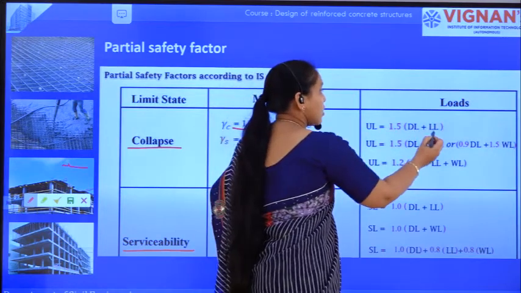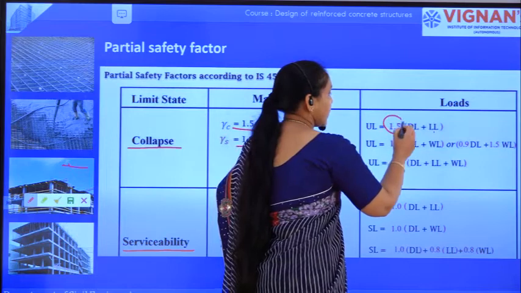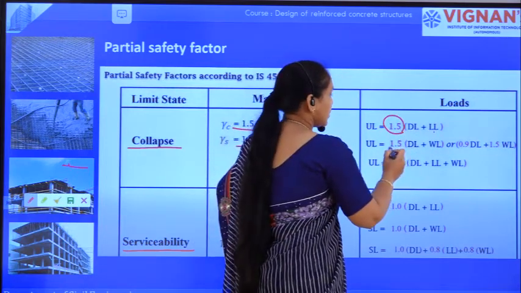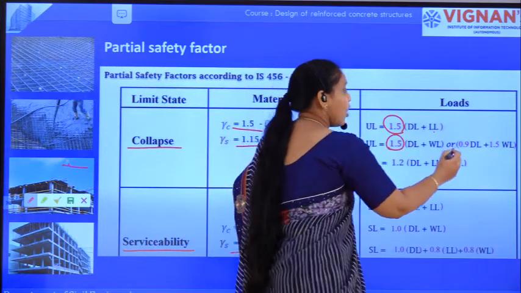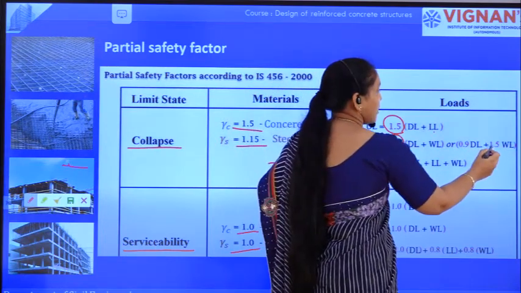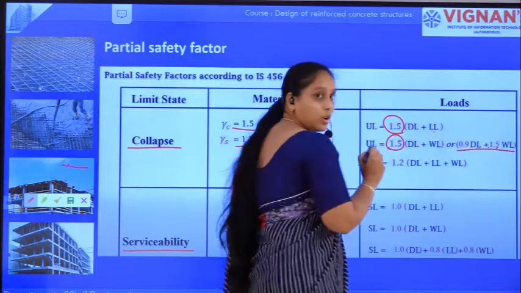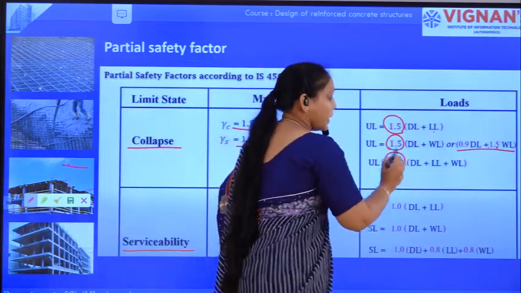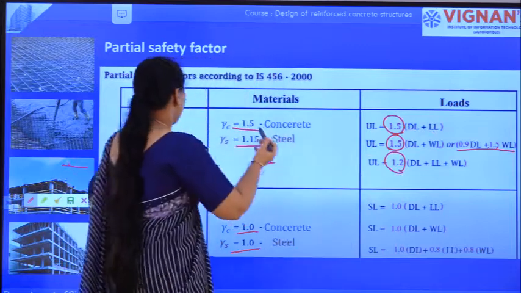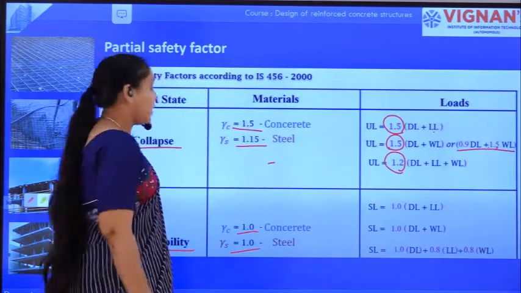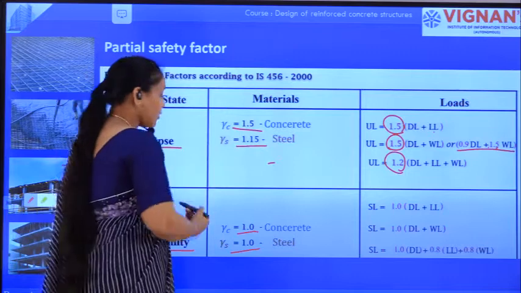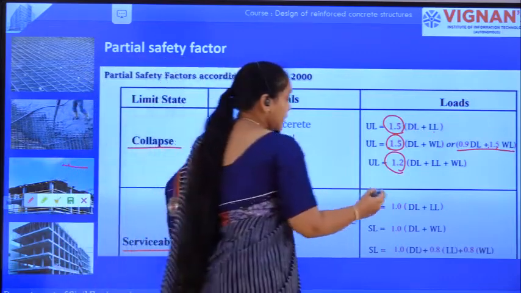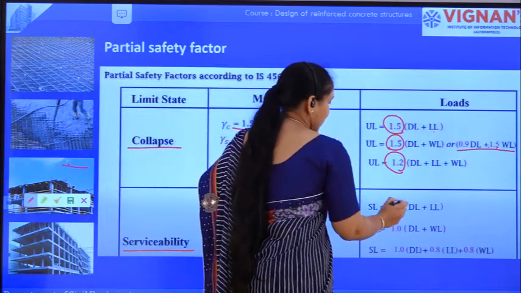If there is dead load and live load, it is taken as 1.5. For dead load and wind load, it is taken as 1.5, or 0.9 into dead load plus 1.5 into wind load, and for dead load, live load and wind load it is taken as 1.2.